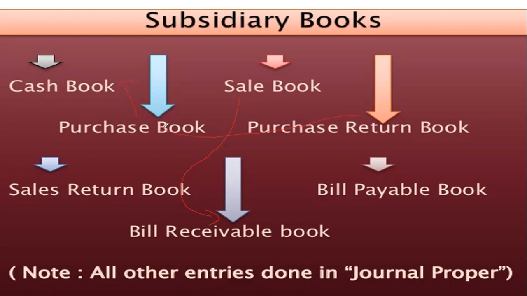But when it is made on credit, it will be entered in purchase book. If there are returns, they will be entered in purchase returns book, and any payables will be entered in bills payable book. The rest of the transactions are entered in journal proper.